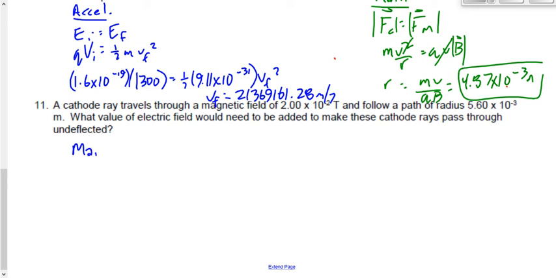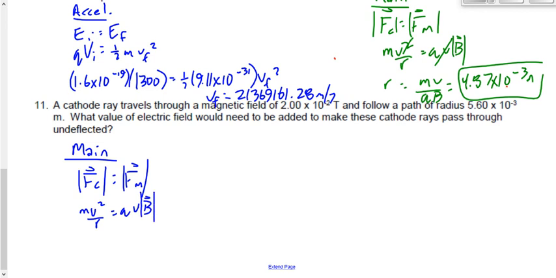Let's deal with that, where we say Fc equals Fm. We say mv squared over r equals qvB. Probably going to solve for speed here. v is equal to qBr over m.